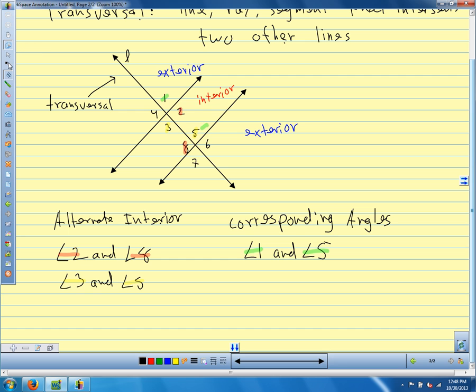Angles 2 and 6 are corresponding angles. These are both below or to the right of the line and above the transversal. So let me see if I can find a color for those. I forgot my angle sign here. So angle 2 and 6 are corresponding, and then the same pairs on the other side of the transversal. So angle 4 and angle 8.